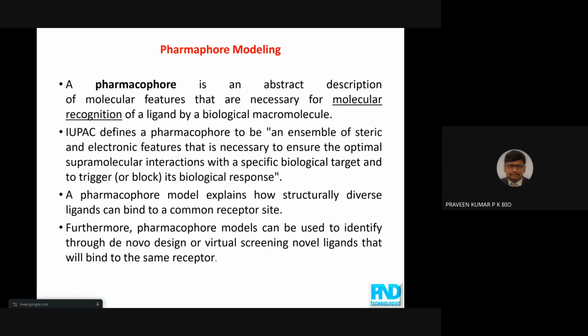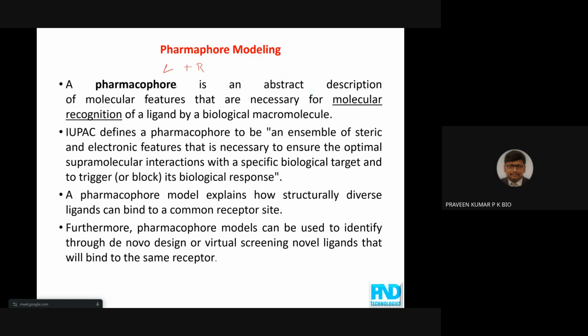Now let me explain with this pharmacophore. A pharmacophore is an abstract description of molecular features that are necessary for molecular recognition of a ligand by a biological macromolecule. That is, if you want to check whether a ligand is going to bind with a receptor or not, that's what we call docking, isn't it? But here there is a small change.